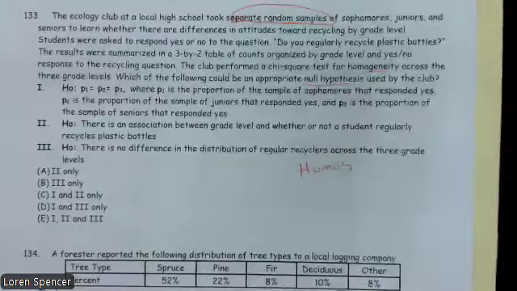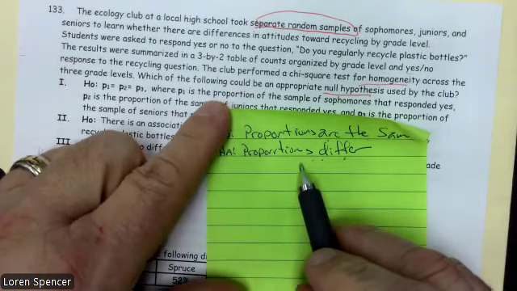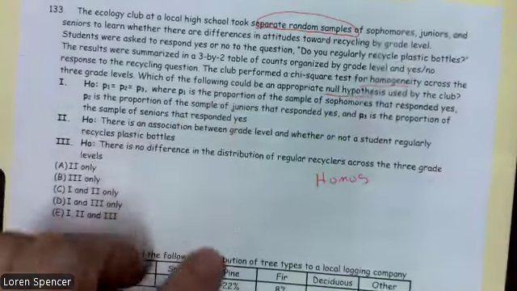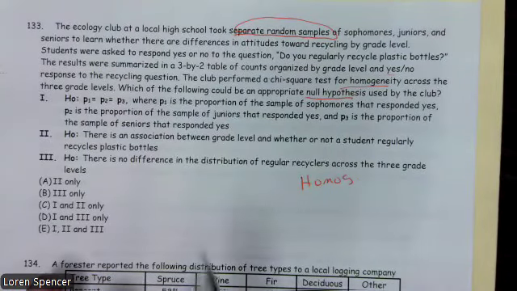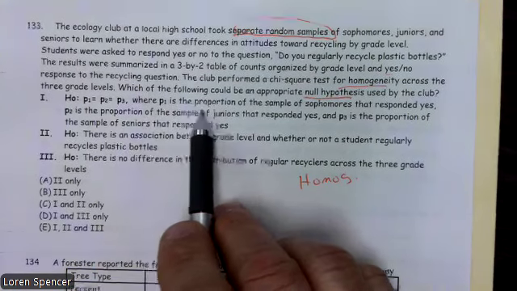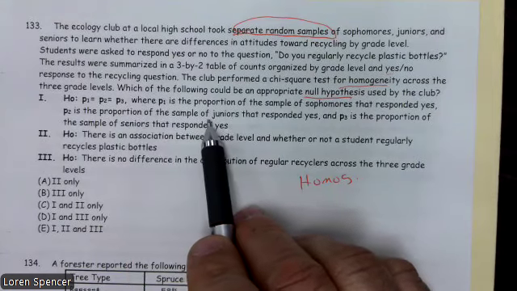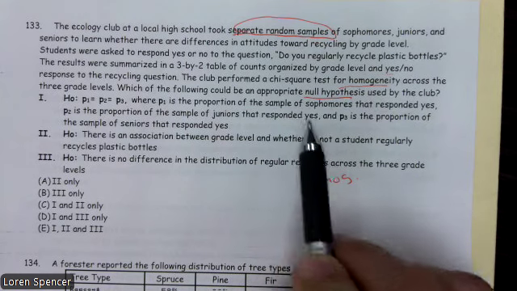All right, so with a null, we're saying the proportions are the same. And with the alternative, we're saying the proportions are different. Okay, so in this case, H0: P1 equals P2 equals P3, where P1 is the proportion of sophomores that responded yes, P2 is the proportion of juniors that... Okay.